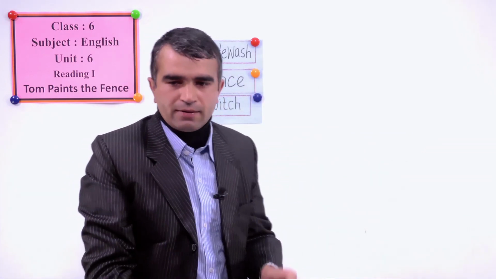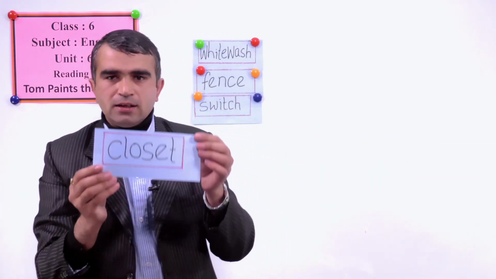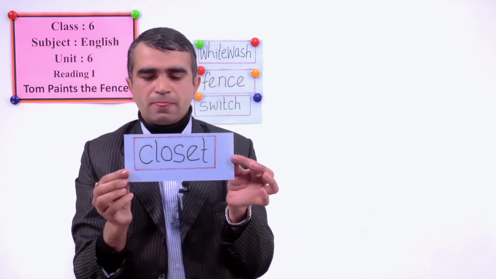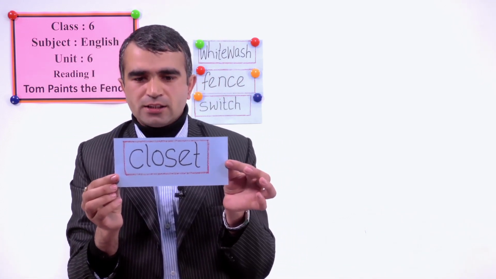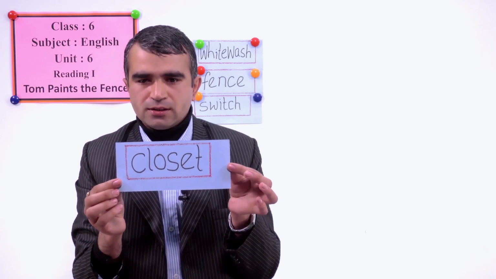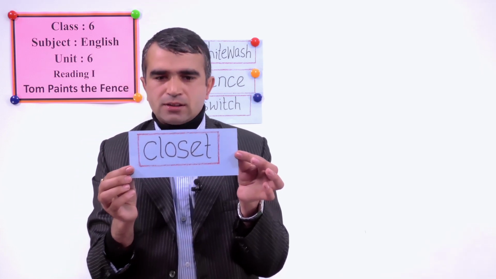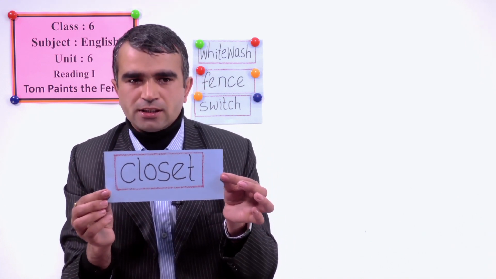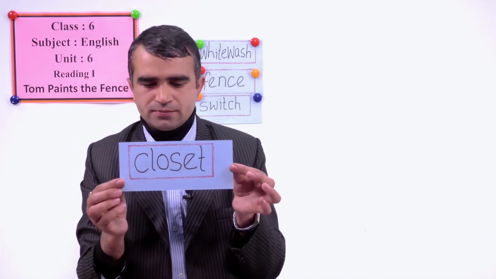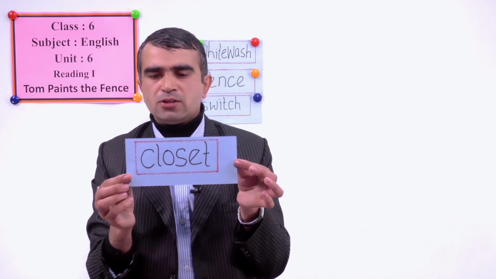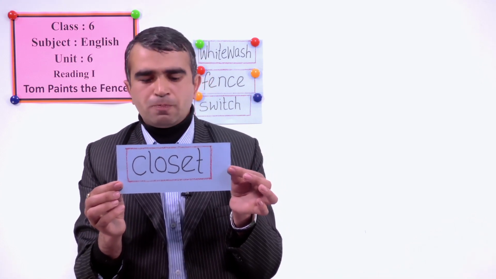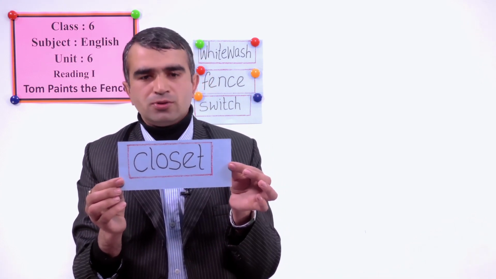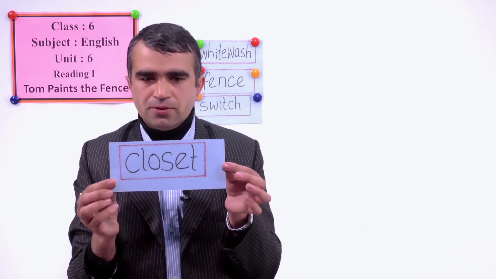Next word I have is this one. Read it out. C-L-O-S-E-T. Closet. Pronounce it once again. Closet. Good. Closet means a small room or a space in a wall to store things. It's like a cupboard.